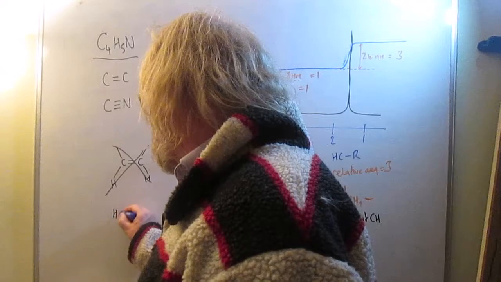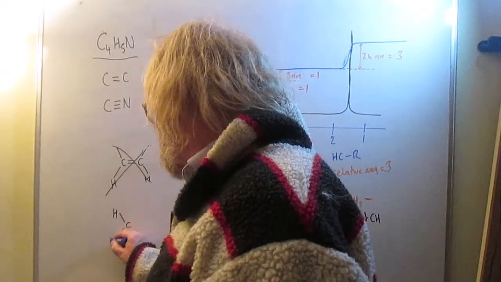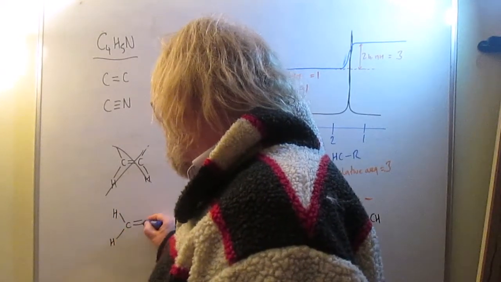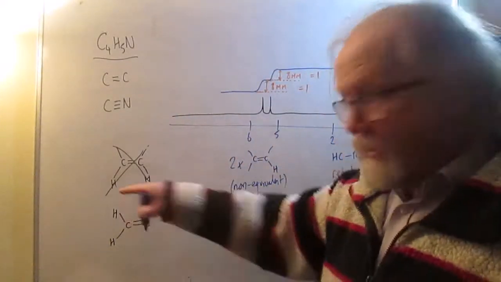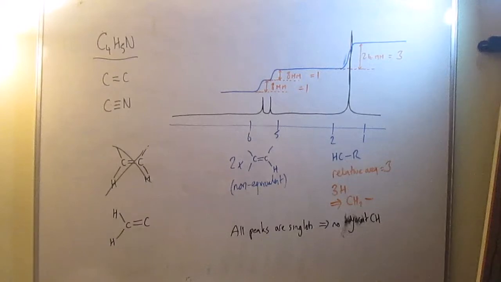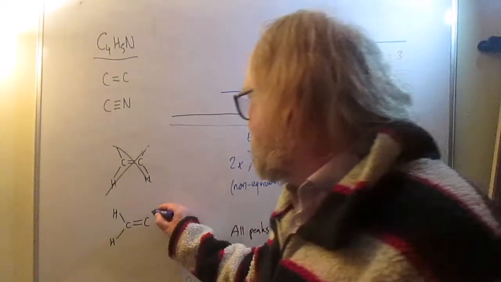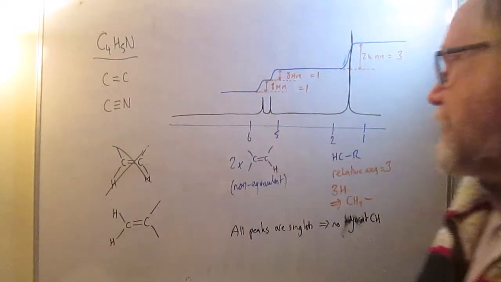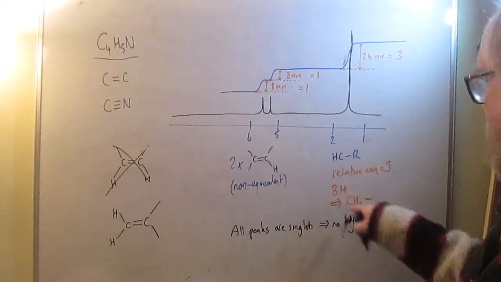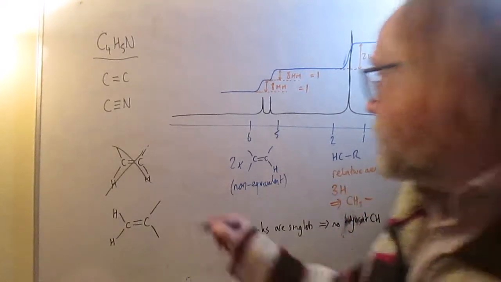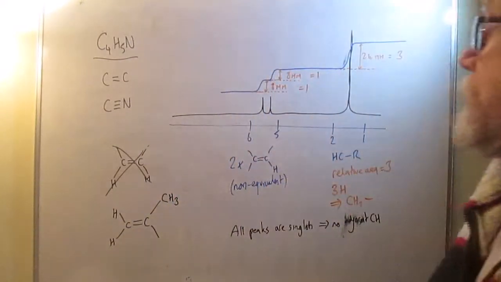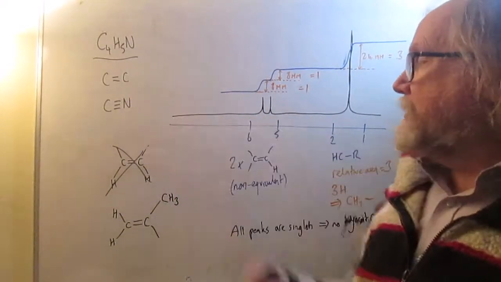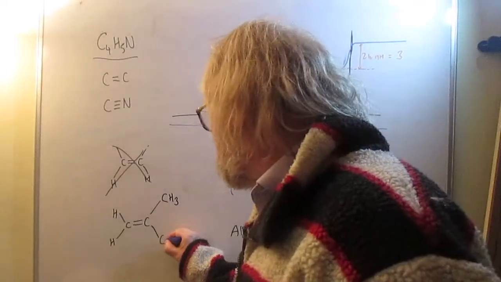So the only way we can explain having two alkene hydrogens which don't split each other is if they're attached to the same carbon. So where does that leave us? Well, we've got two things to stick on that end, and of course we now know from here that we've got a CH3, so that will be one of them. And going back to the infrared, we know we've got a CN, so that will be the other one.